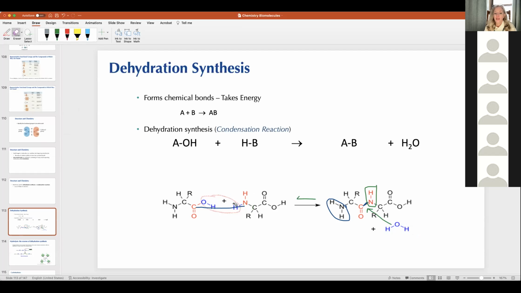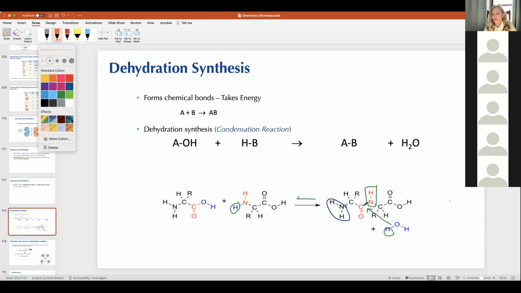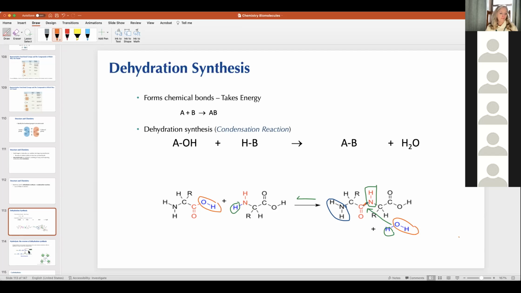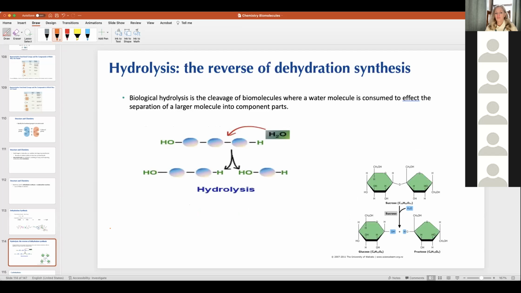We would be adding one of these H's down here on over here, and adding back this OH part over here, and we broke apart that bond. It's just the reverse. Water attacks and breaks this bond. We've added an H and an OH.